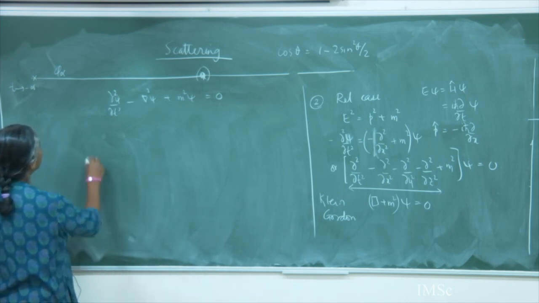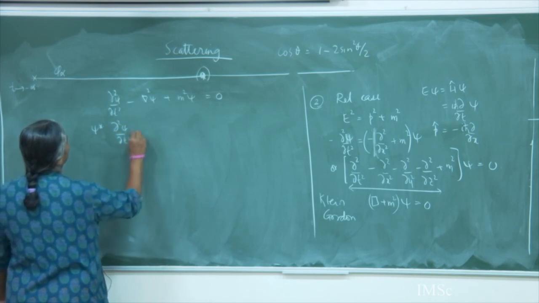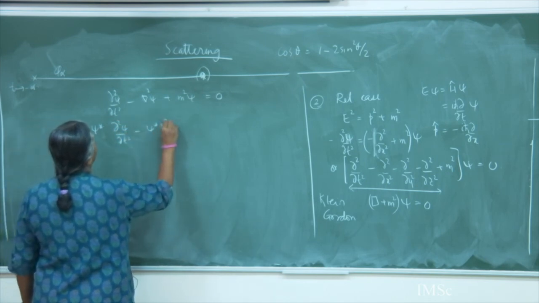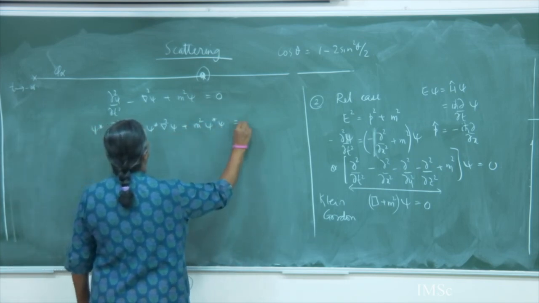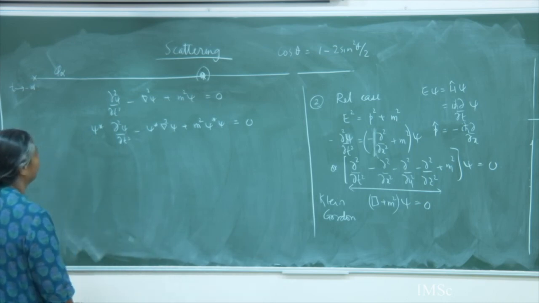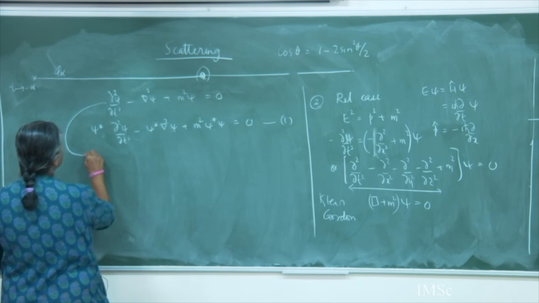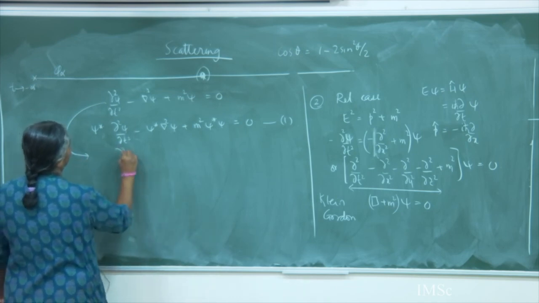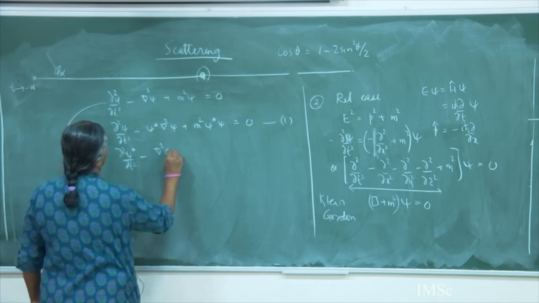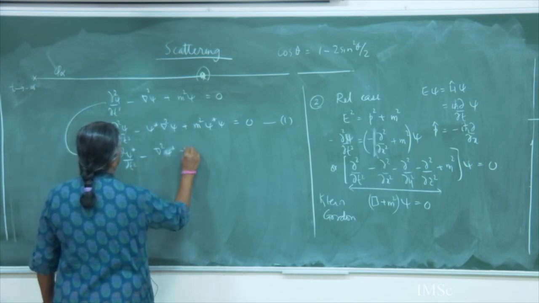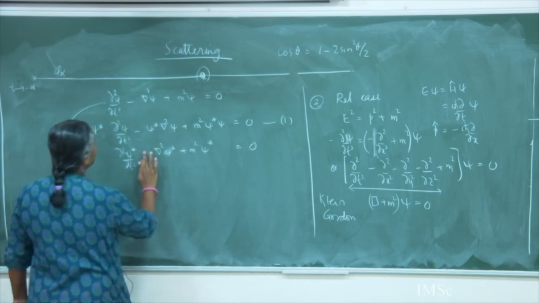Now I can left multiply this by psi star. I get one equation. I can also take the complex conjugate of this equation and I can right multiply it by psi.